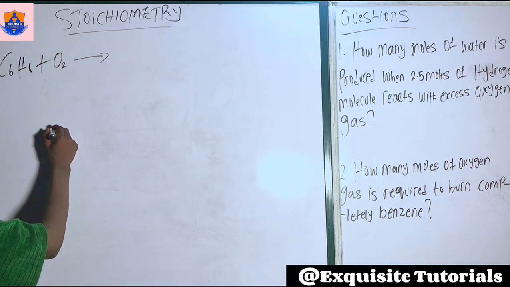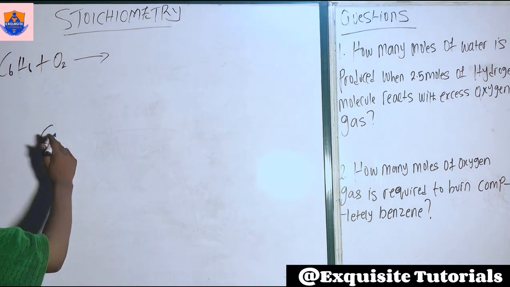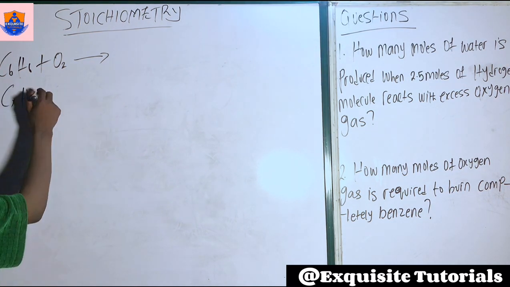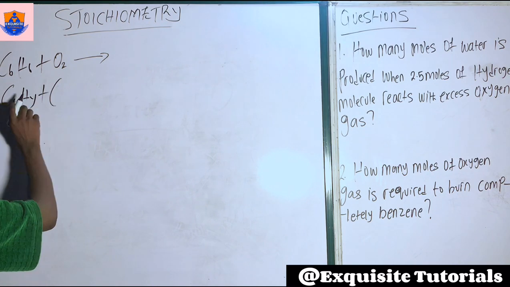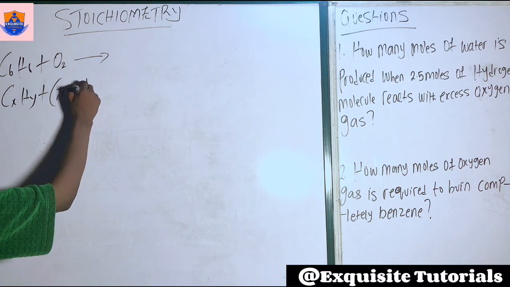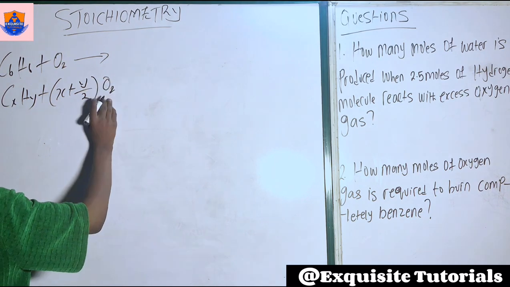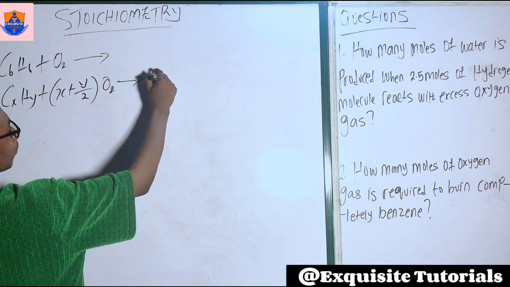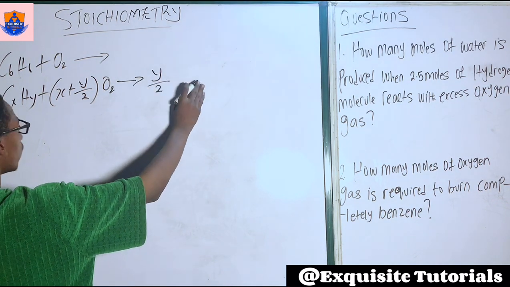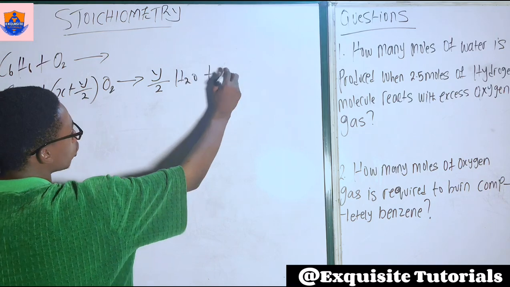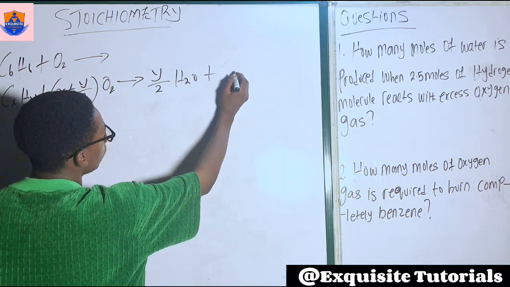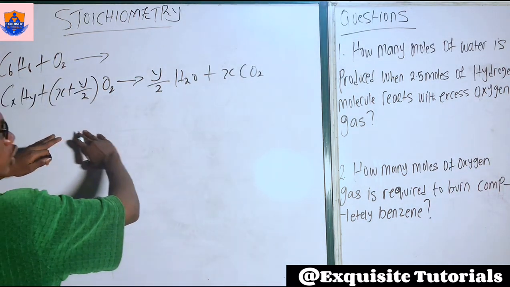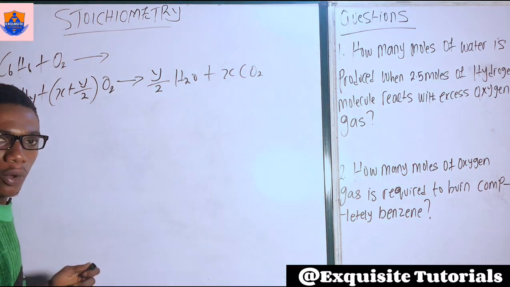If we have CxHy plus x plus y over 2 O2, which is the oxygen, this is carbon, this is hydrogen, this is oxygen, giving us x CO2 plus y over 2 H2O. Now this is the equation for combustion of hydrocarbons.